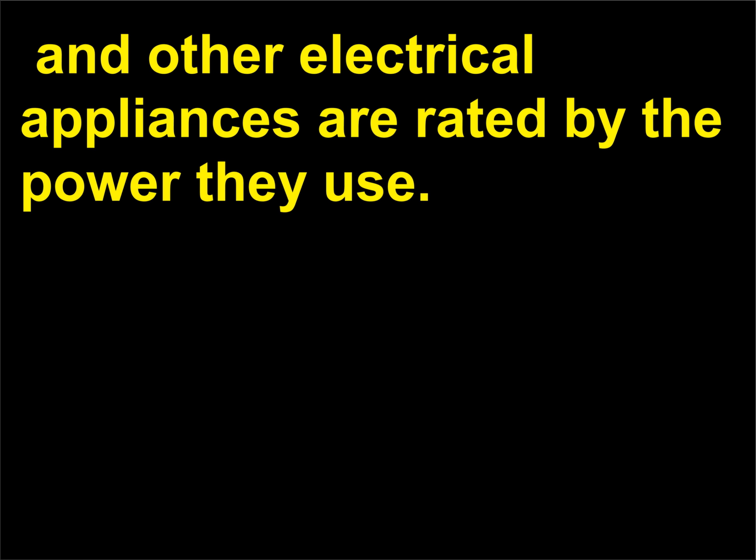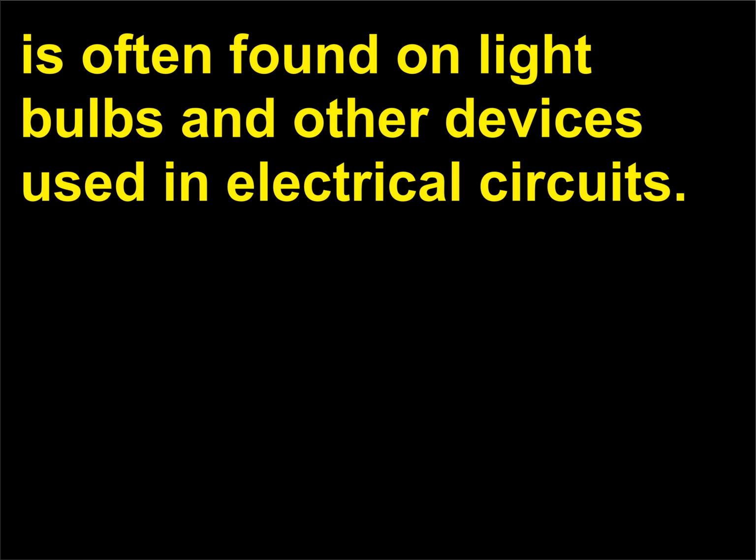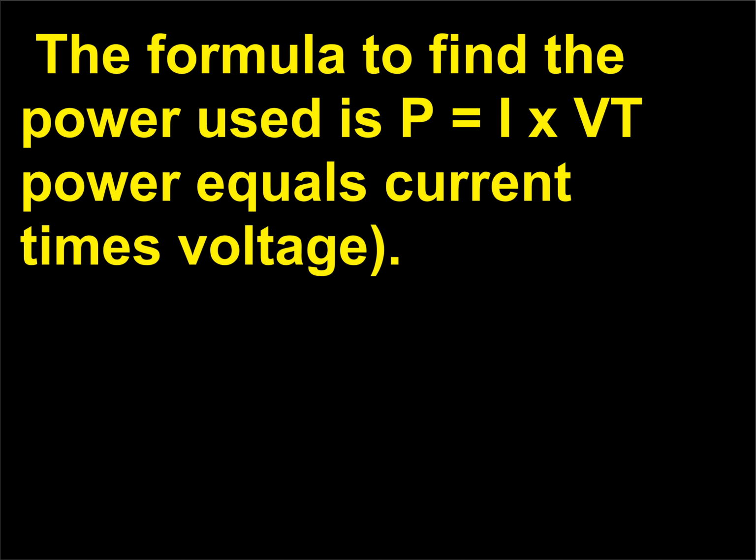In the context of electricity, the watt is the unit for electrical power and is often found on light bulbs and other devices used in electrical circuits. The formula to find the power used is P = I x V, power equals current times voltage.